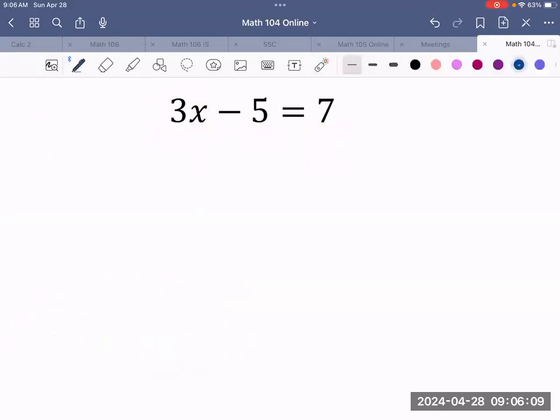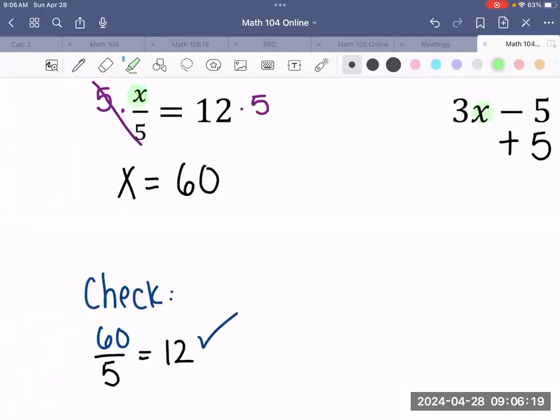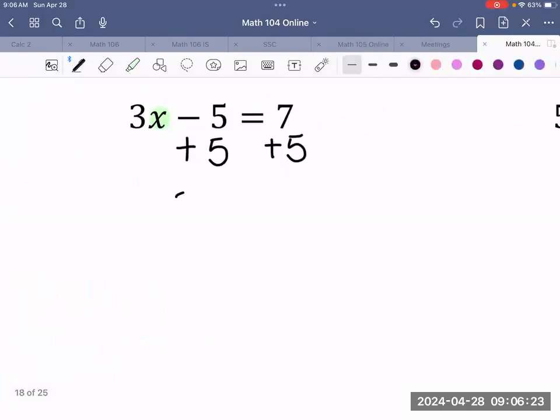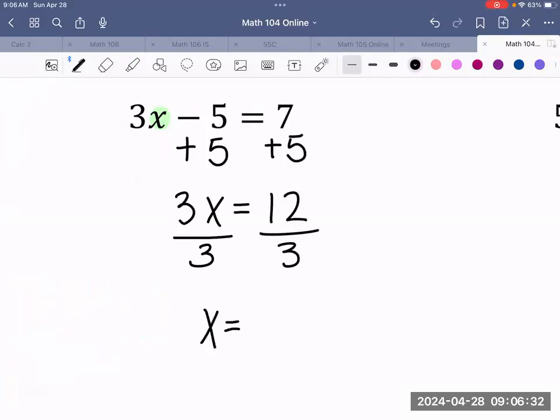So to make it a little bit easier for yourself, we can always add or subtract things to the other side first so that we can isolate this x just like it was isolated in our previous two problems. 3x is equal to 12. Now we can go ahead and divide both terms to one side.